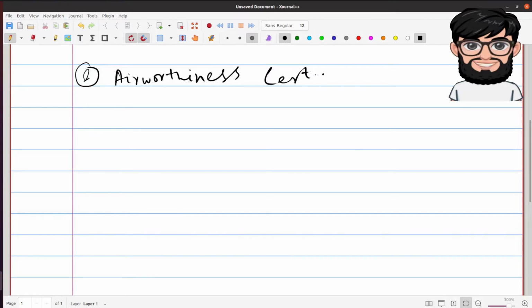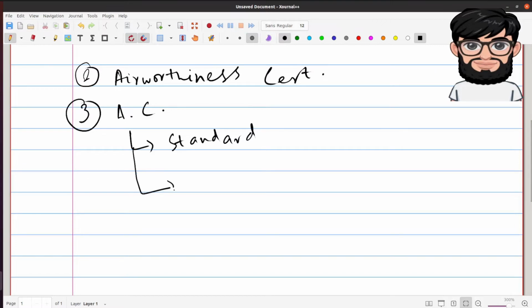Okay, the third thing we wanted to cover: what are the different types of airworthiness certificate? Again, there are two types of airworthiness certificate. One is called the standard, and the other one is called the special.